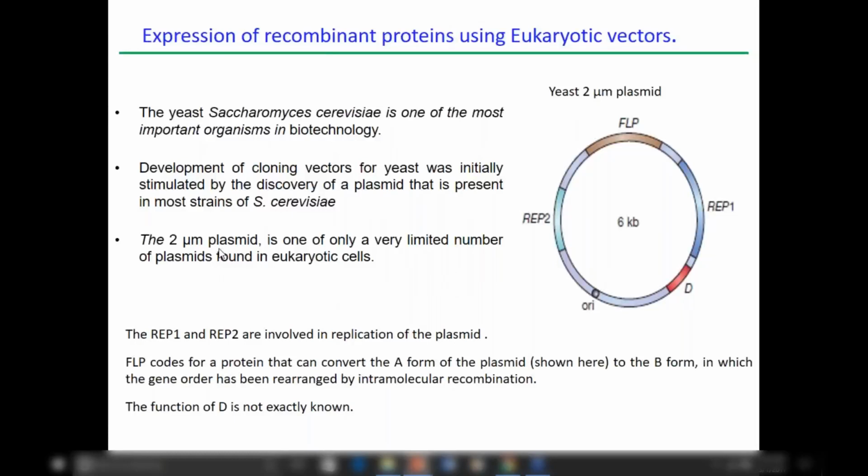So initially they named it the 2 micrometer plasmid. That is how they found a plasmid inside the eukaryotic system. Did you understand what I'm saying, guys? From there only it started everything.